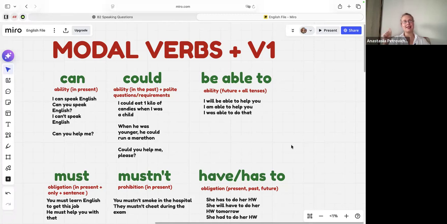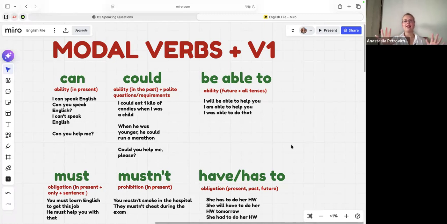You need to do exercises, and then always, when you learn something, when you complete your homework, when you do the exercises, you have to use that in your speech. So the more you push yourself to use that in your speech, the more likely you are to remember that and to actually be able to use it in your day-to-day communication.